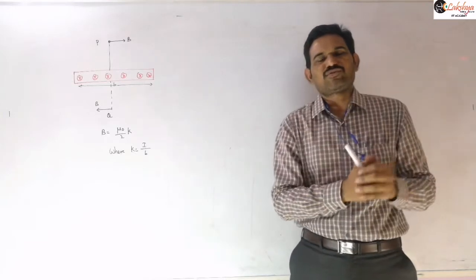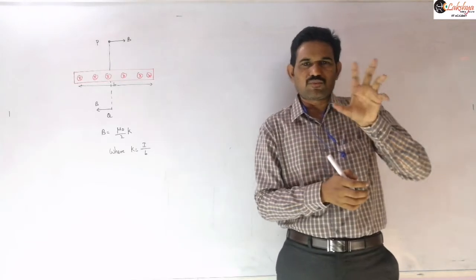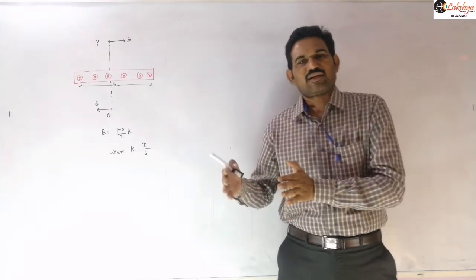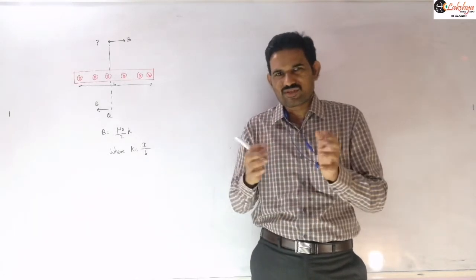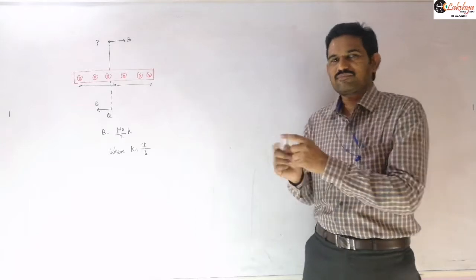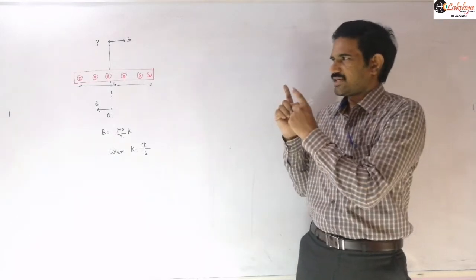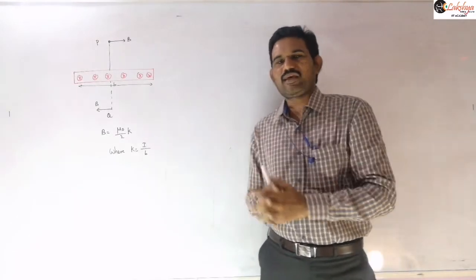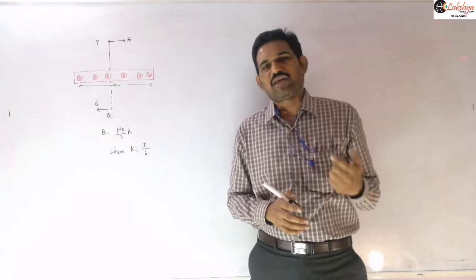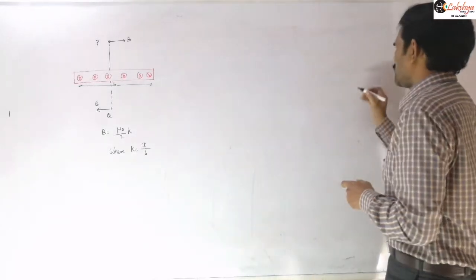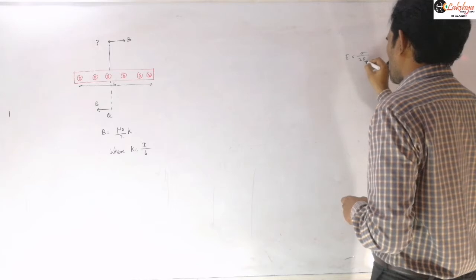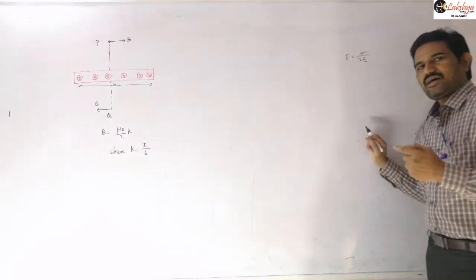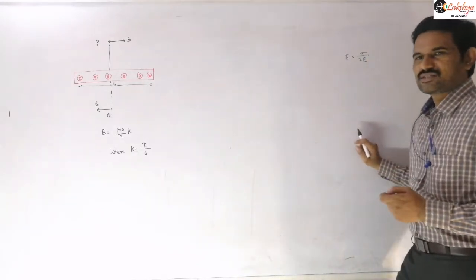Similarly, a uniformly charged sphere in electrostatics is similar to a solid conducting cylinder. Now here, the infinite current carrying plane and the infinite charged plane are both similar. In the case of the infinite charged plane, we write the electric field as sigma by 2 epsilon naught.